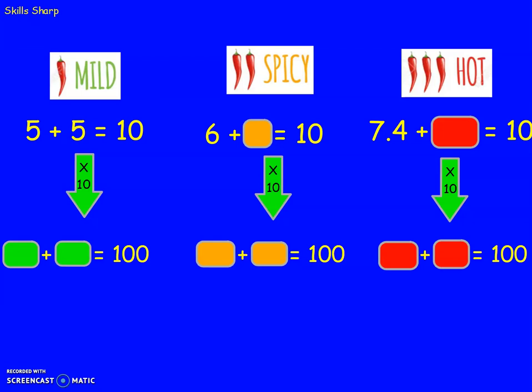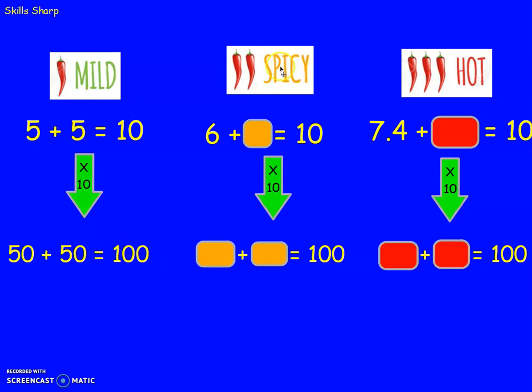Okay, let's go through them and see how you've got on. So if we know that 5 plus 5 equals 10, we times that all by 10. We would also know that 50 plus 50 equals 100. So 5 and 5 is a number bond for 10. 50 and 50 is a number bond for 100.